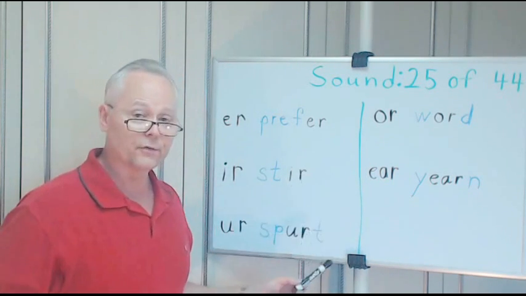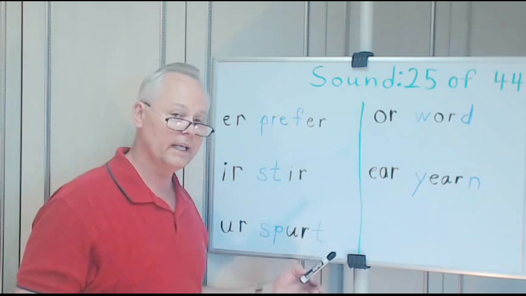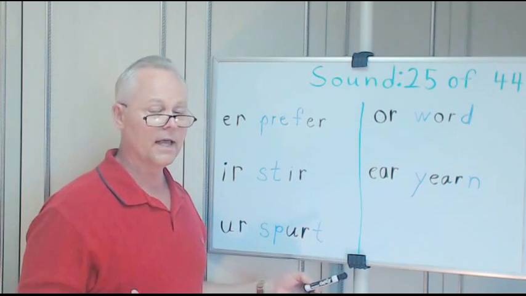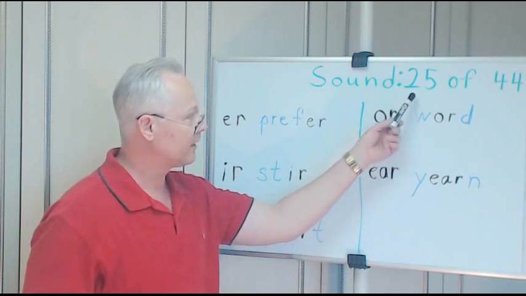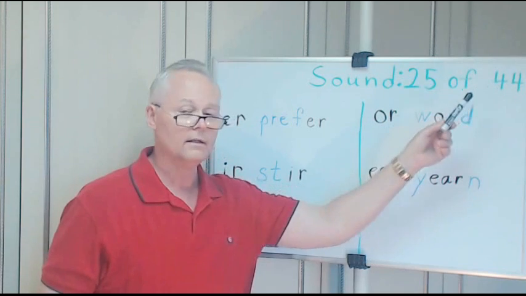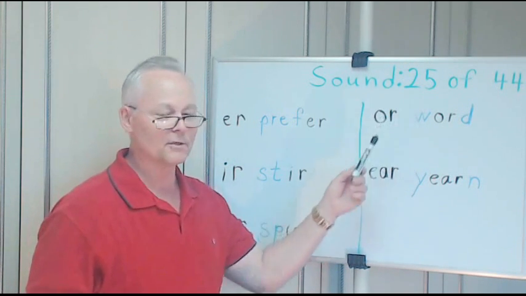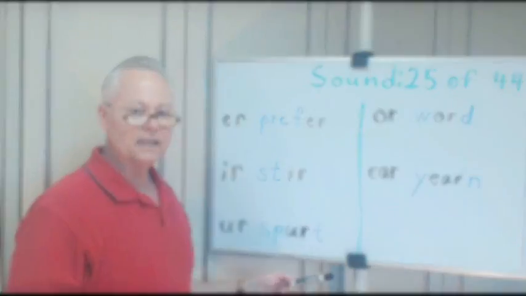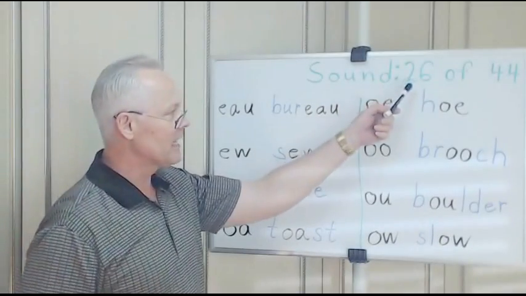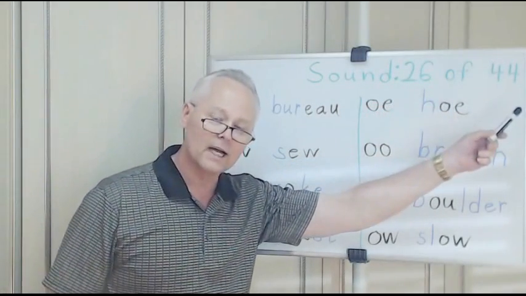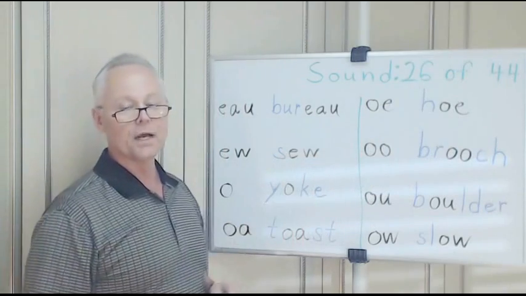Now, this is the first of the 20 sounds that we get from vowels on our trip to the 44. Okay? So that's number 25. That's sound 26 of the 44 sounds that make up American English.